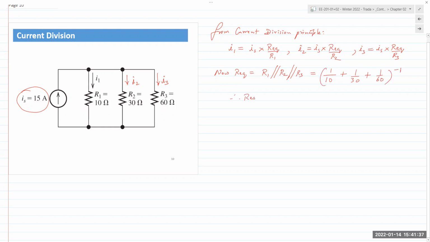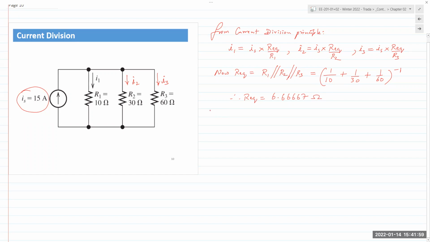Total Req comes out to be 6.666667, however long you want to make it. Again, note that 6.667 is smaller than the smallest resistor in the circuit, which is 10 ohms.